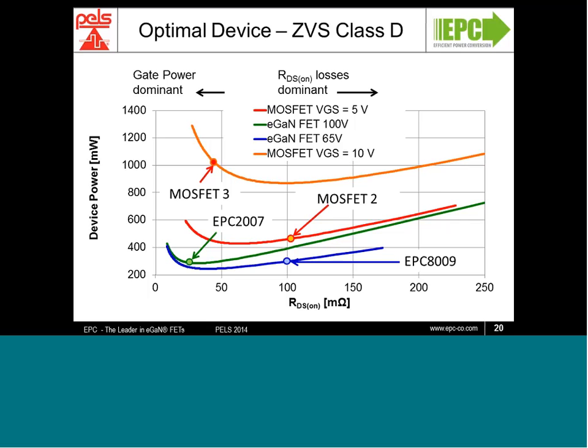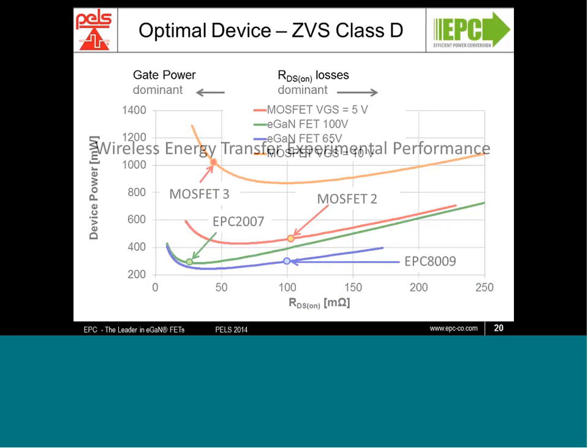These device power figures include both the conduction and switching losses, the gate charge losses, and the necessary overhead to operate the gate driver. As you can see, the EPC 2007 is fairly close to the optimal point, but the EPC 8009 is a little to the right, but the curve relative is fairly flat. Both points seem to indicate that they should have comparable performance to each other, and we will see if that is true.